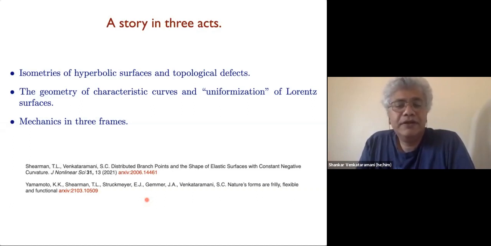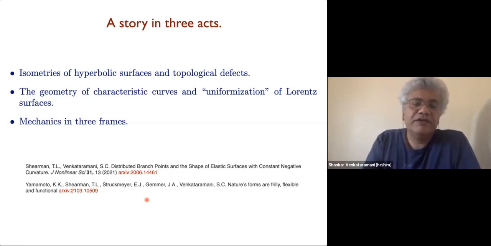And the second part will be to try and put this in a slightly more general perspective that also connects it with the solutions of hyperbolic Monge-Ampère equations, not specifically just surfaces of constant negative curvature, and something about the geometry of the characteristic curves of the system. And this turns out to relate to Lorentz surfaces and a different kind of uniformization. So I'll put that within quotes.